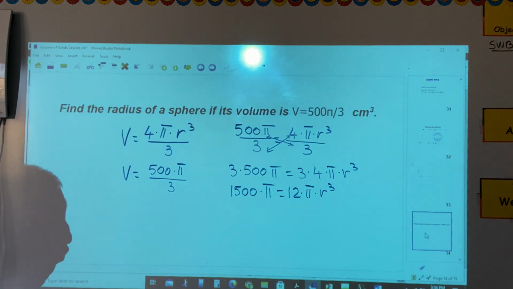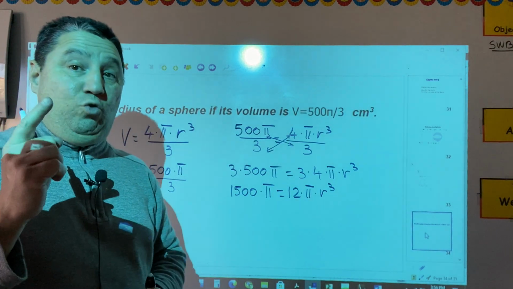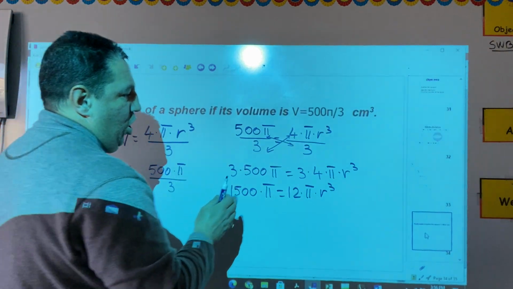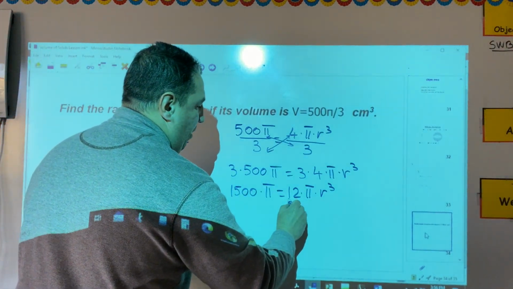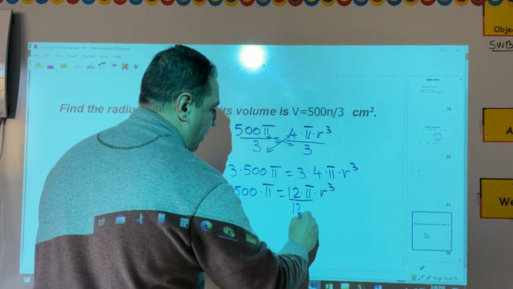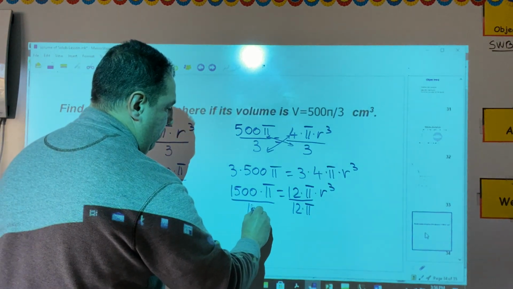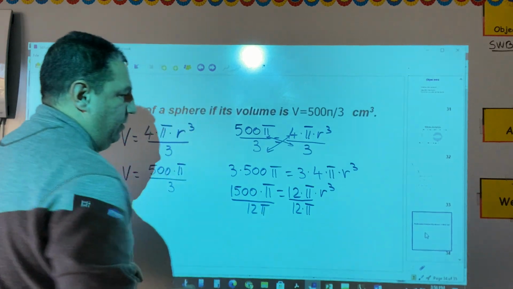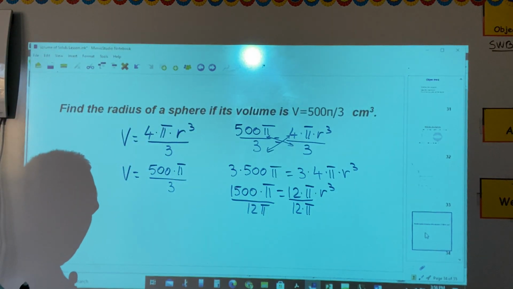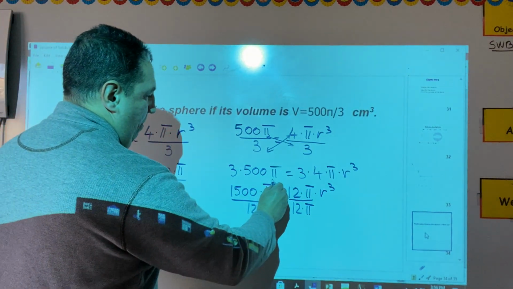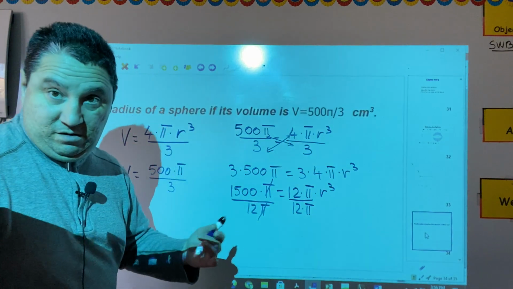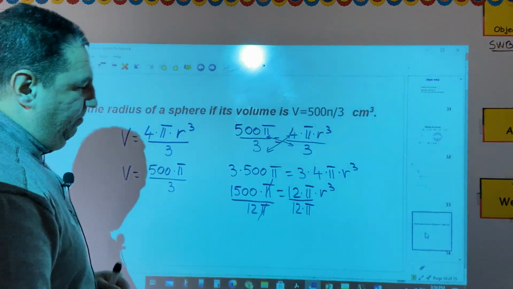Now, to solve for r cubed, because at the end we need r, we divide both sides by 12 pi. On the left side, pi and pi say goodbye.